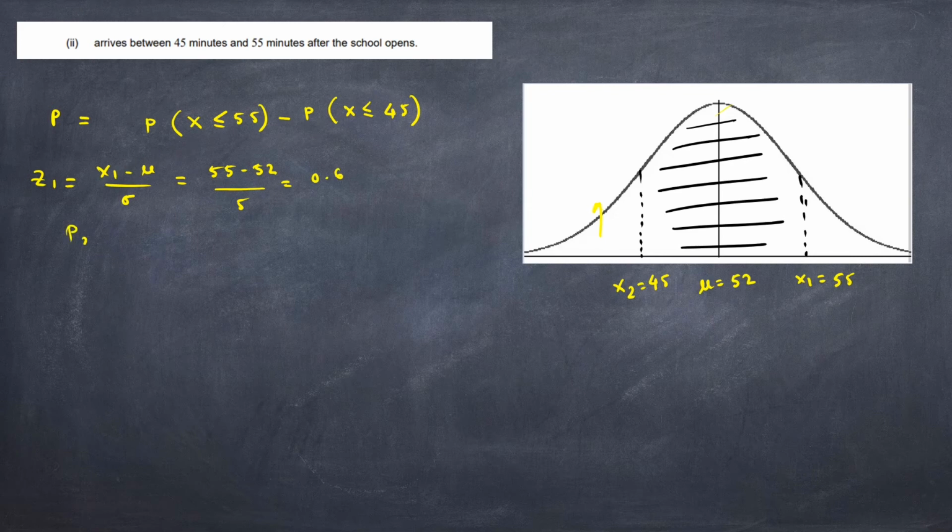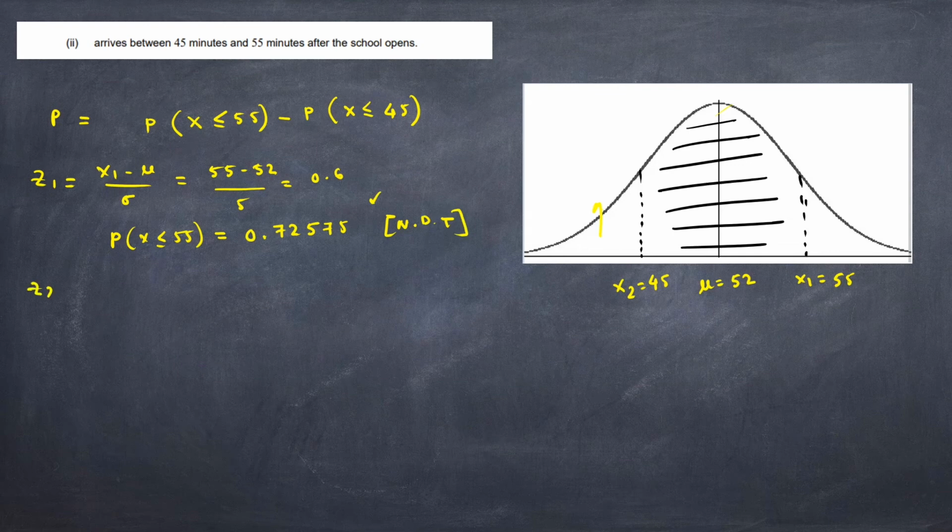For that Z1, we are getting the probability under the line of 55. So P of x less than or equal to 55 is basically equal to 0.72575. From the normal distribution table, you can find this value.